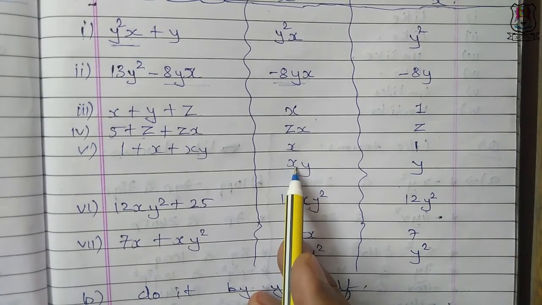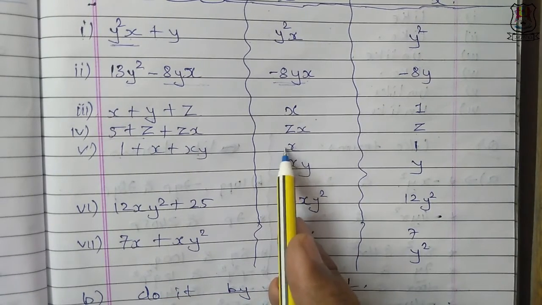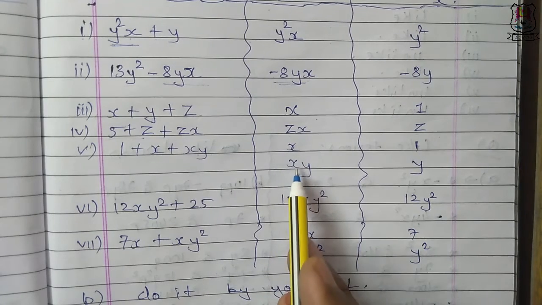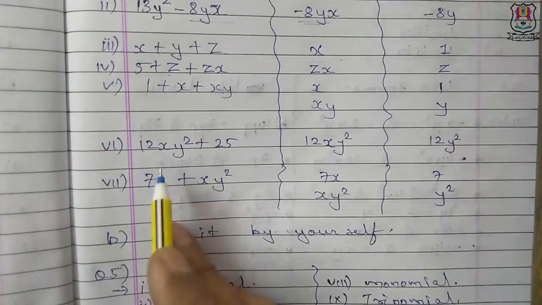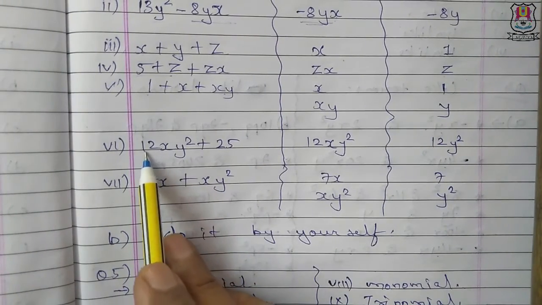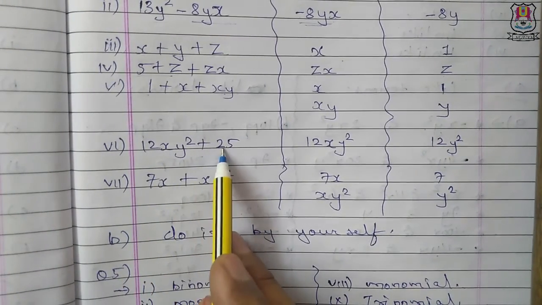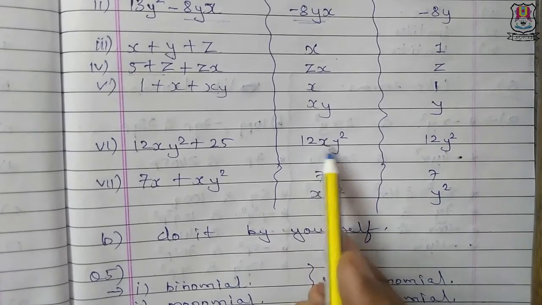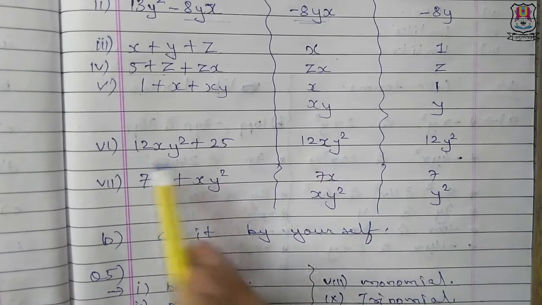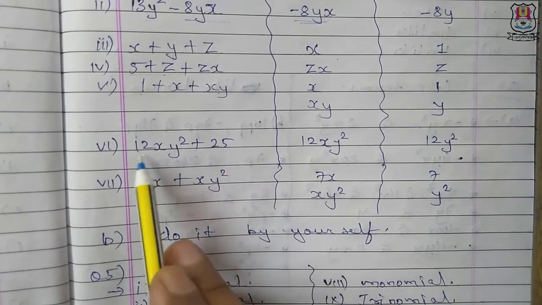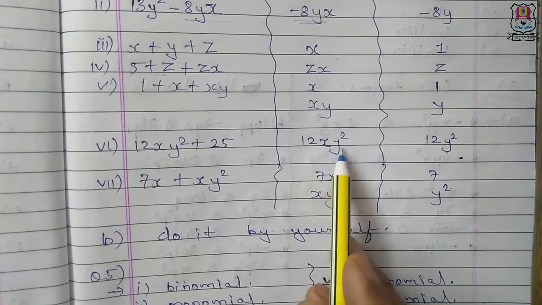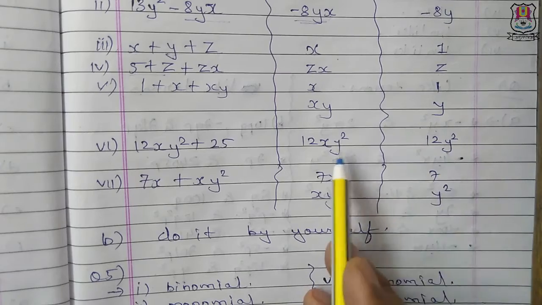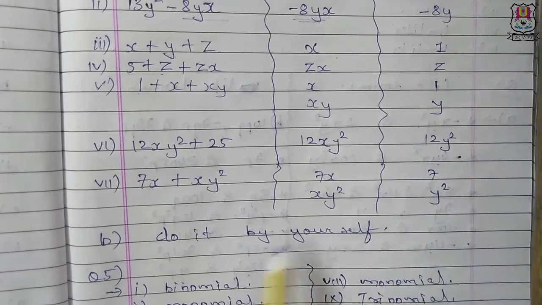Here there is nothing before x, so it is 1, and the coefficient of xy is y. Let's move on to the next one, 12xy square plus 25. This 25 is constant, so it is not considered, so we take 12xy square. Here 12 and y square are the coefficient of x, so 12y square we are going to consider.